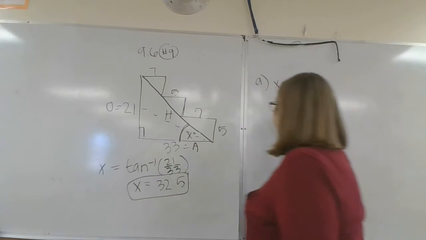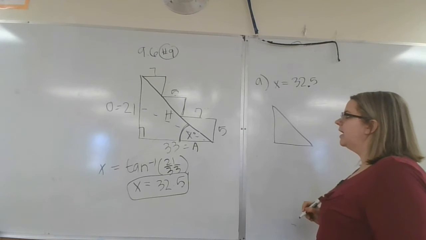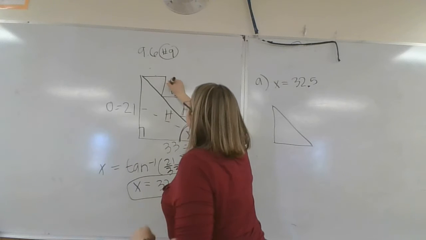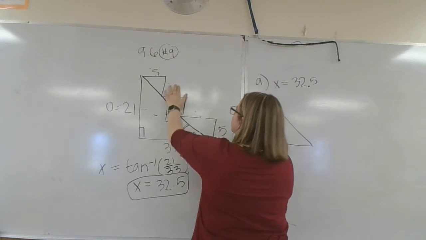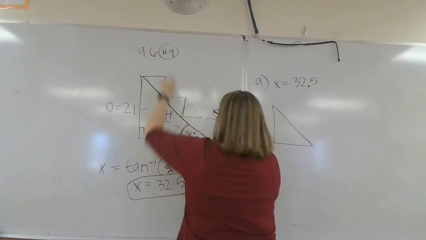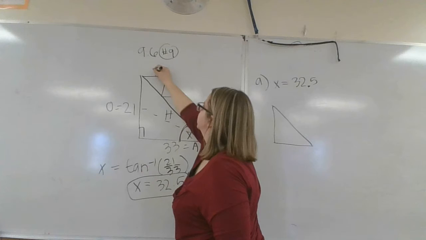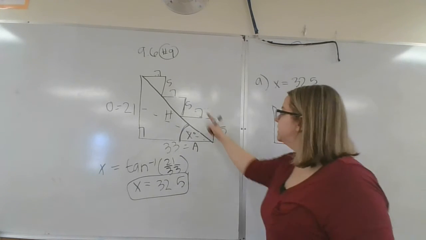So now my triangle is going to look like this. My height here is going to be 5 for each one. Oh, sorry, this is 7. This is 5. See, I move too fast and then I lose myself. 5, 7, 5, 7. Okay, so my riser here is 5 plus 5 plus 5.